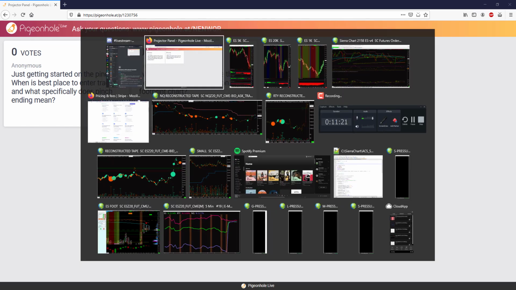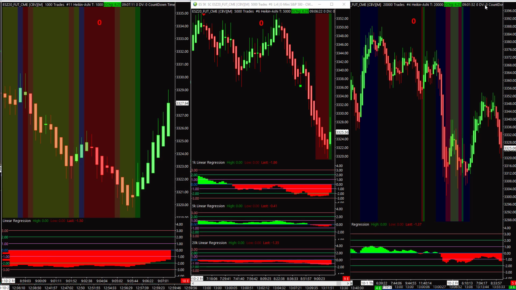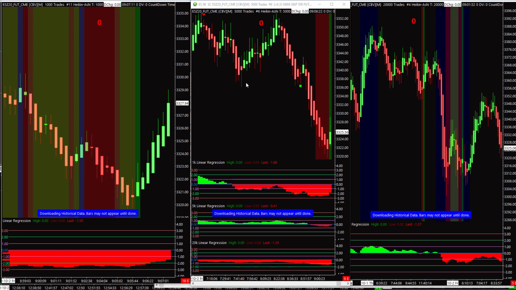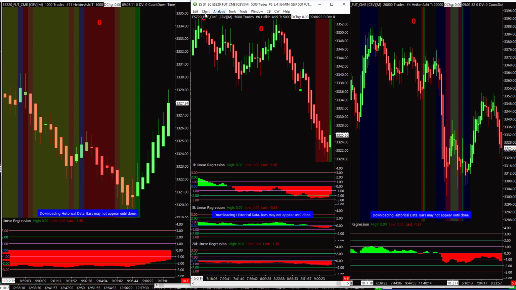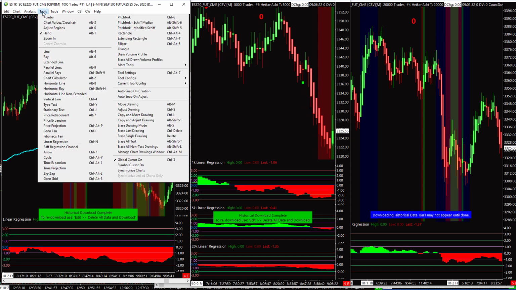Yeah, so Dom, let's just talk about these linear regression. Obviously Sierra ships with its own linear regression, right? And in fact, we can just draw it on the chart here. So if we go to tools, I forget exactly which one it is.